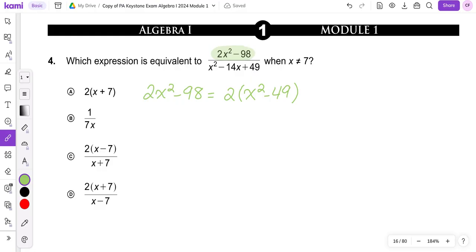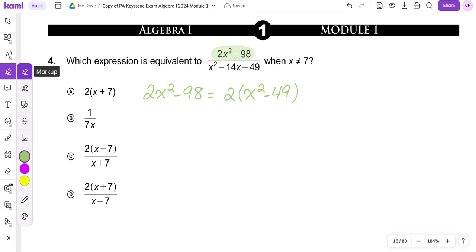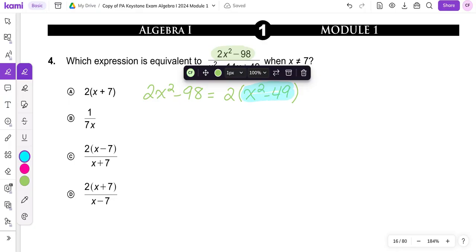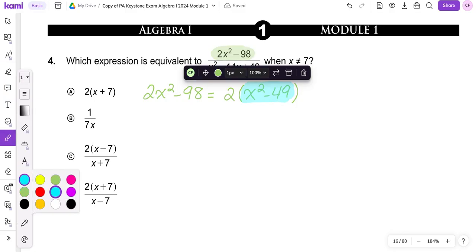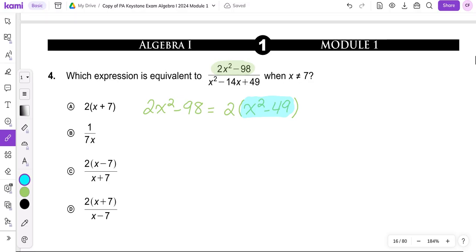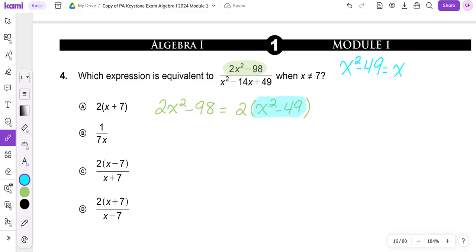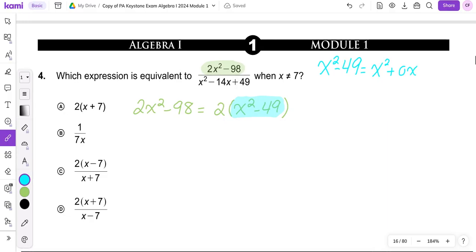Now the inside here can factor even further. So if we take just what's inside that parenthesis, this x squared minus 49, while it doesn't look like a trinomial, we could make it a trinomial by doing the following. x squared minus 49 is the same thing as x squared plus 0x minus 49.